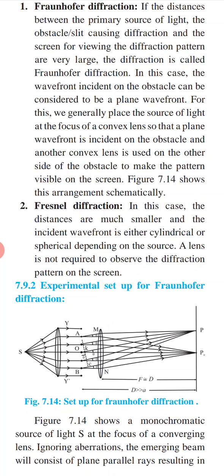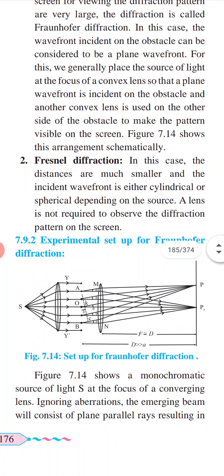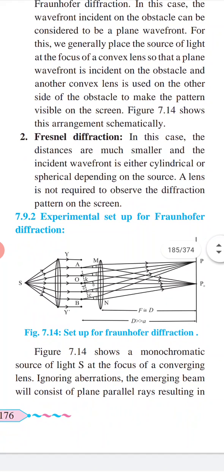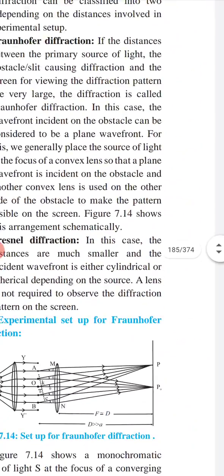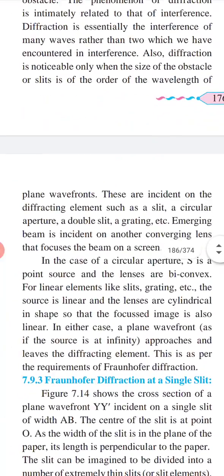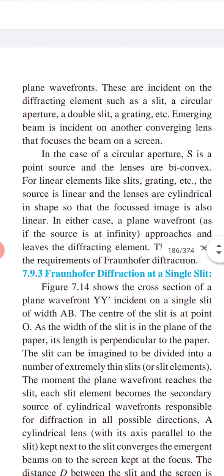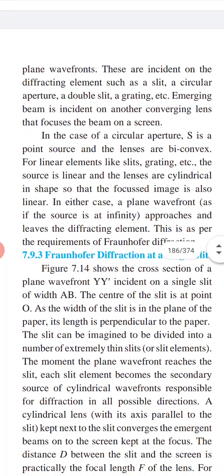Figure 7.14 shows a monochromatic source of light S at the focus of a converging lens, ignoring aberrations, meaning errors in mirrors and lenses. The emerging beam will also consist of plane parallel rays resulting in plane wavefronts. These are incident on the diffracting element such as a slit, circular aperture, double slit, grating, etc. The emerging beam is incident on another converging lens that focuses the beam on a screen.